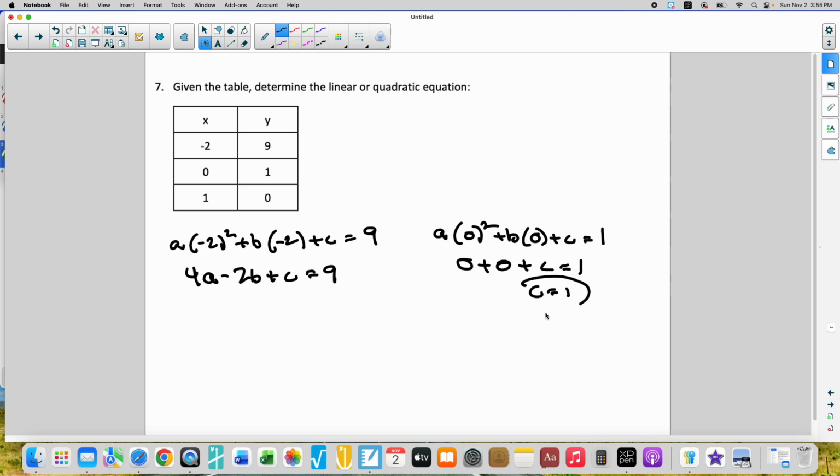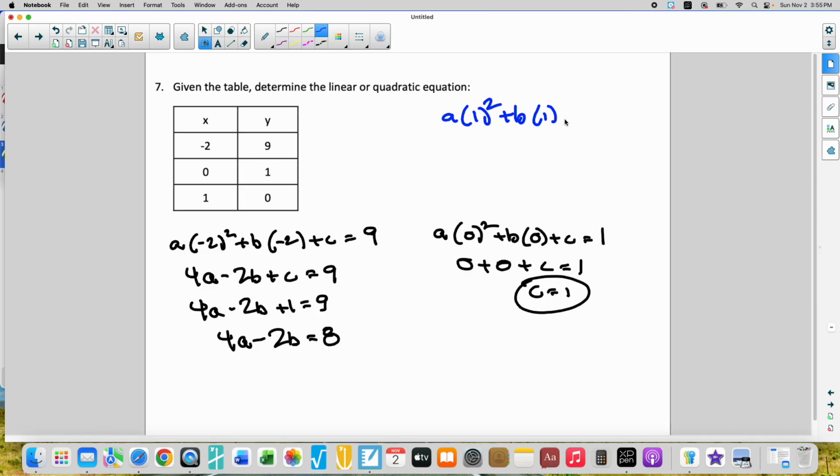So c equals 1. We can change this now. 4a minus 2b plus 1 equals 9, giving us 4a minus 2b equals 8. And let's do the third equation, where you have a 1 squared, b 1, c we know is 1, and y is 0. So we get a plus b equals negative 1.